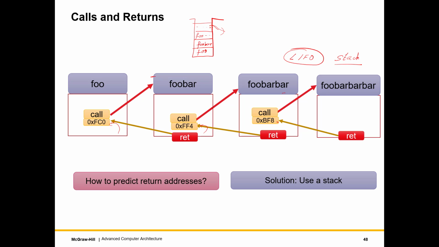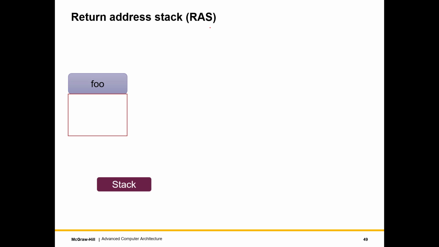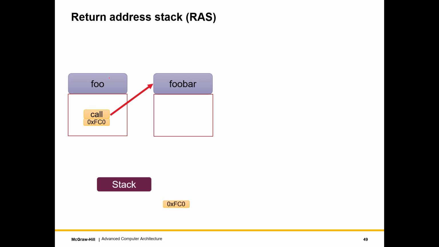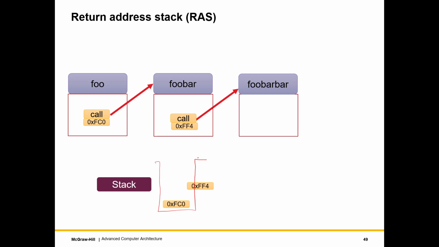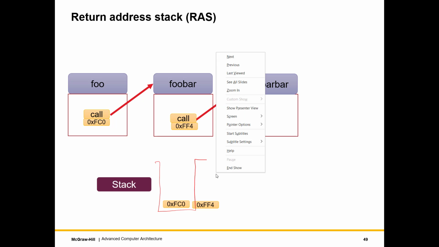So how would the stack look? Well, we have a description in the next slide. Let us say that foo calls foo bar and the return address is 0xfc0. So fc0 is put in the stack. Sorry, this is a horizontal stack.